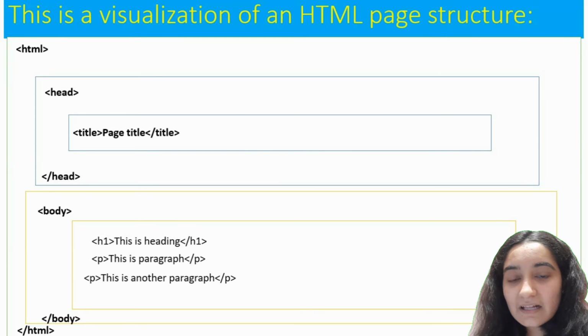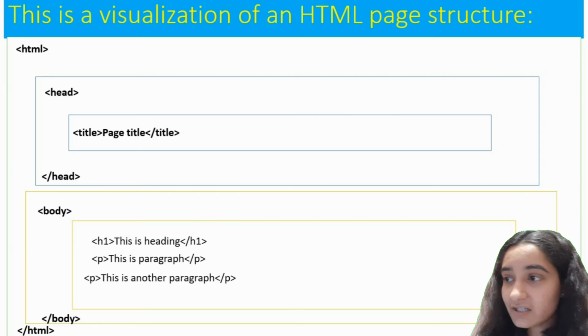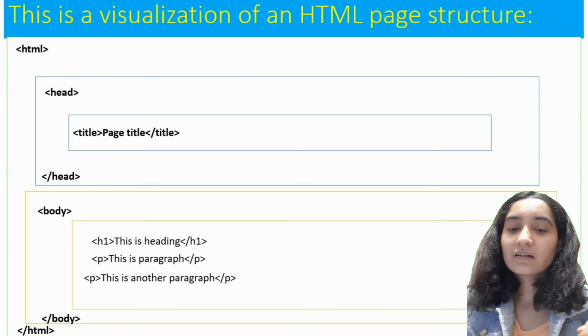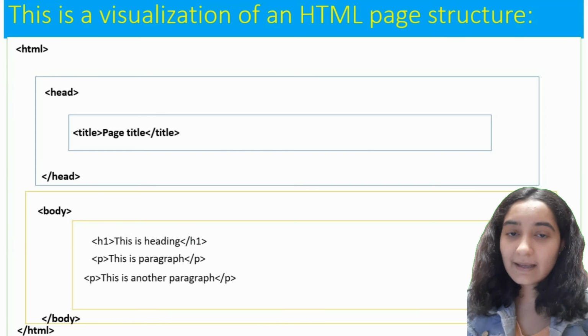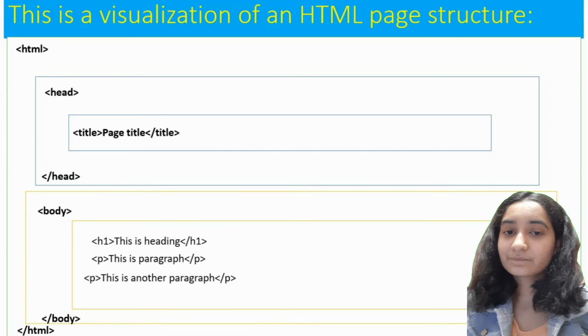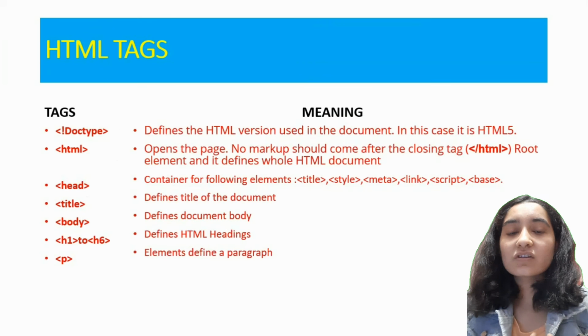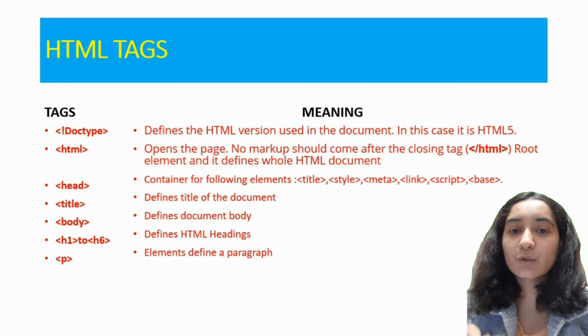Then inside HTML there will be a head tag, inside which there will be a title tag in which we give a title to our web page. After the head tag there will be a body tag inside which we write all other tags like heading, paragraph, etc. After the body tag, we close our HTML tag by putting a forward slash in the angular brackets.